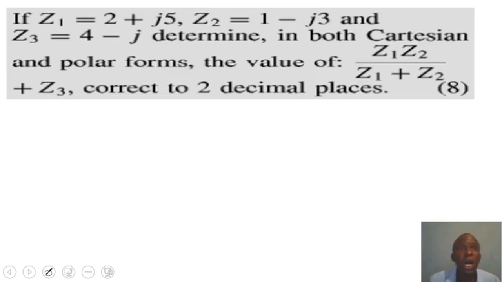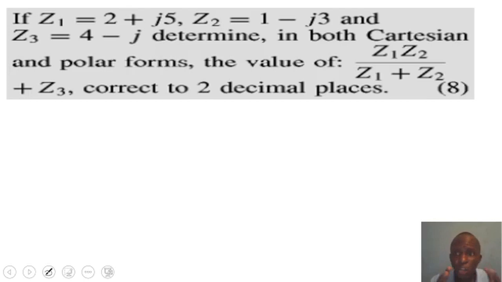Now, I want us to look at a comprehensive example that shall apply all the concepts that we have already learned, a combined operation on complex numbers. The question reads: if Z1 is equal to 2 plus j5, Z2 is equal to 1 minus j3, and Z3 is 4 minus j, determine in both Cartesian and polar forms the value of Z1 Z2 over Z1 plus Z2 plus Z3, correct to decimal places.